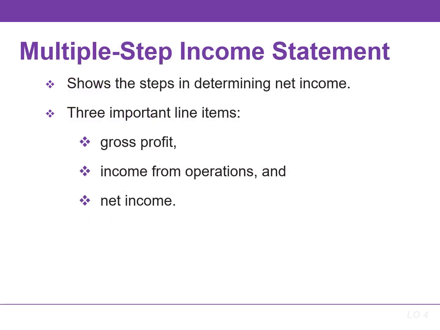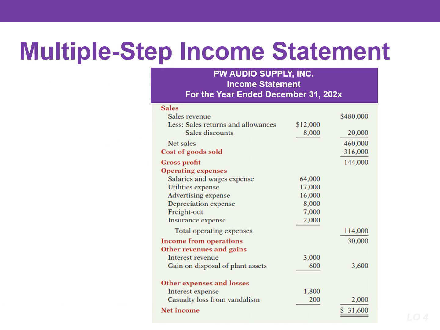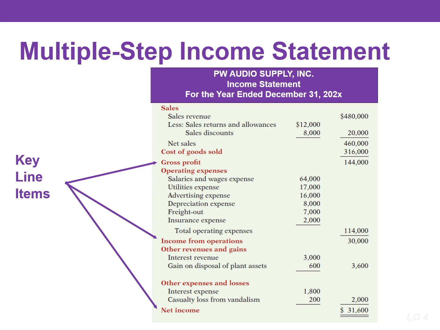The multiple-step income statement shows the steps in determining net income. Three important line items are gross profit, income from operations, and net income. As I just stated, the multiple-step income statement has three important line items: gross profit, income from operations, and net income.